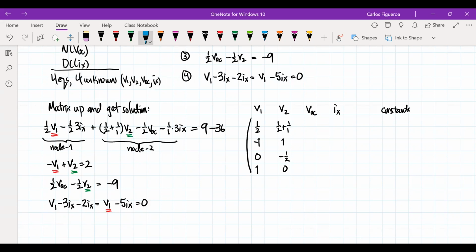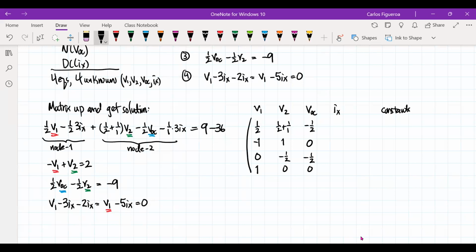Now let's go after VOC. So if I look at VOC, I have VOC right here, and that's it. Wait, there's VOC up here. So if I now write this, I'm going to get minus 1/2, 0, minus 1/2, 0.